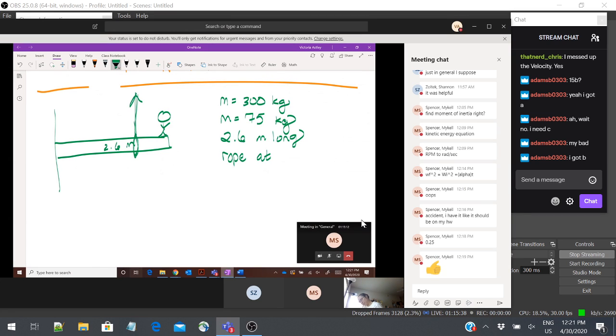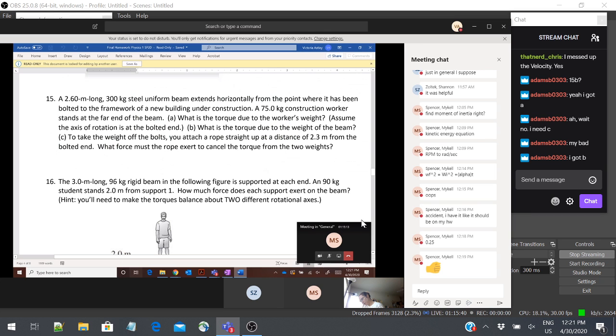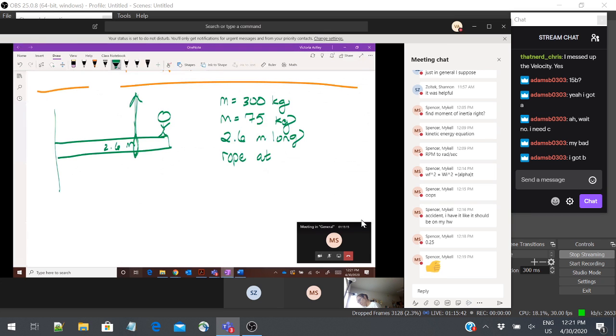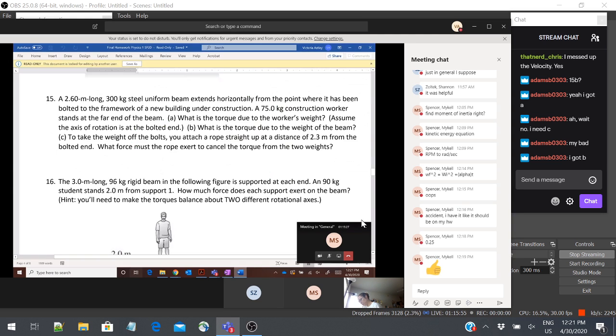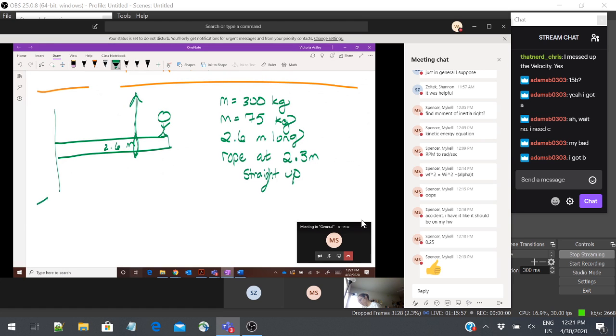And it's pulling straight up, I think it says, right? Yeah. Straight up. Okay. And we want to know the force in the rope. So we want to take all of these and get force rope, or the tension in the rope. Okay.